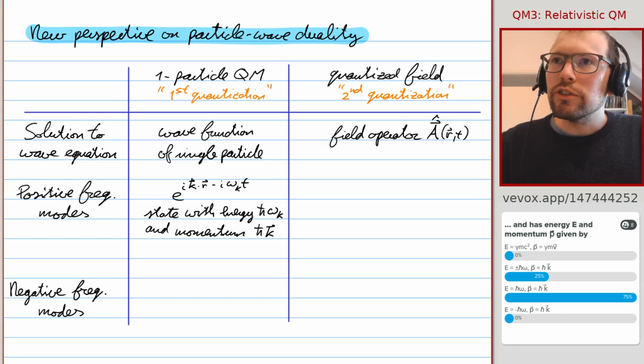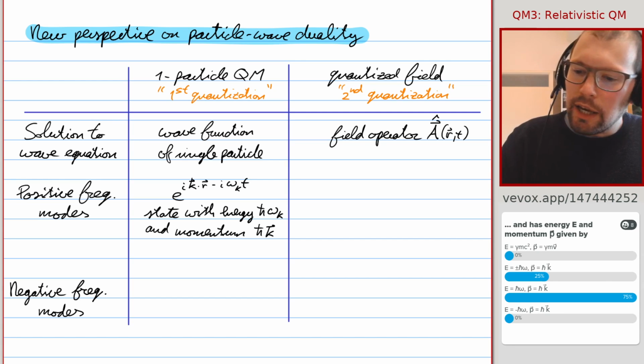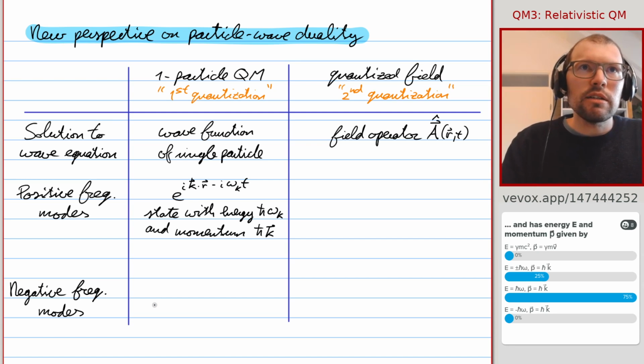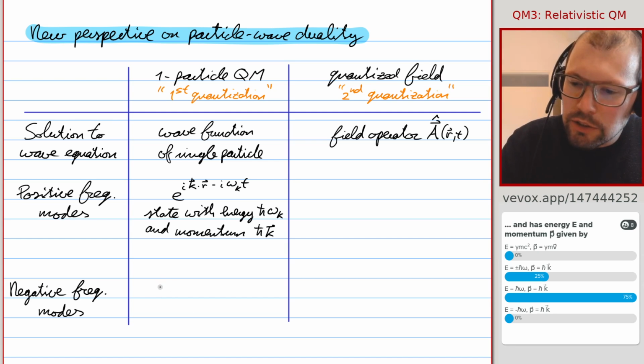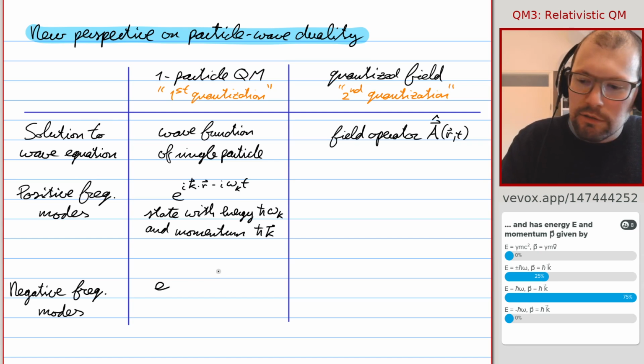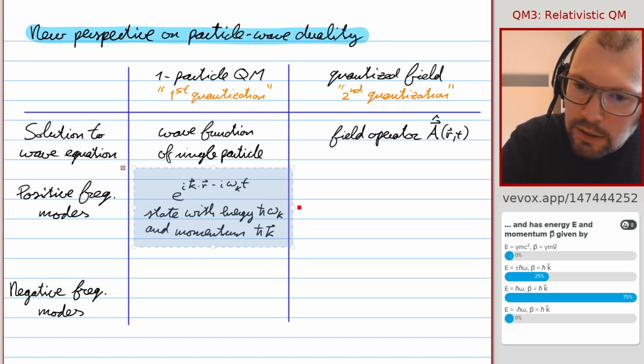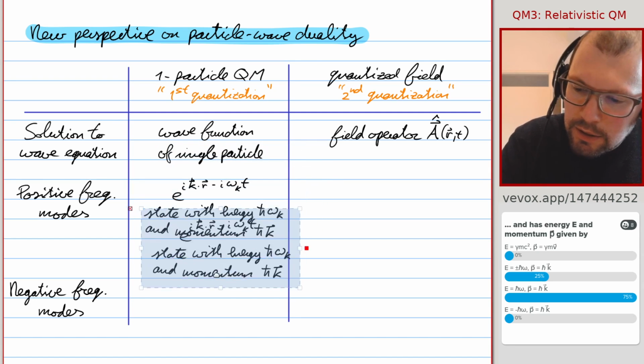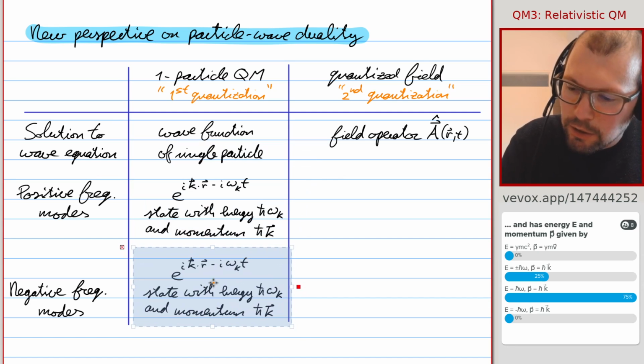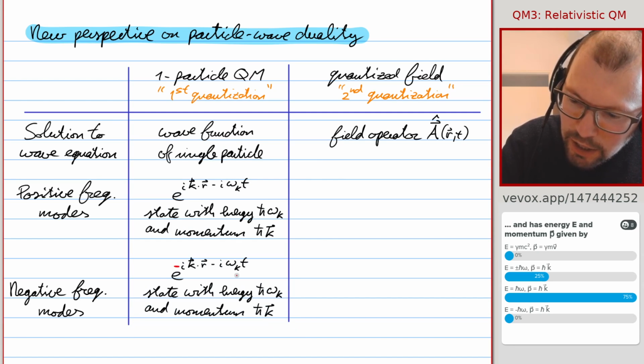Our issue was with looking at the negative frequency modes, which are definitely there for the Klein-Gordon equation. Now I only have to change some signs, so I have a minus sign.